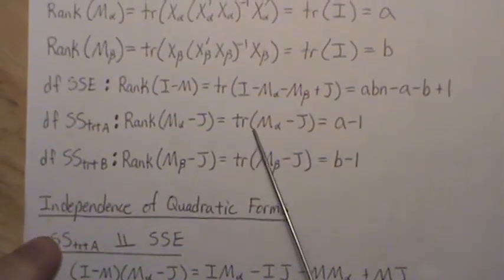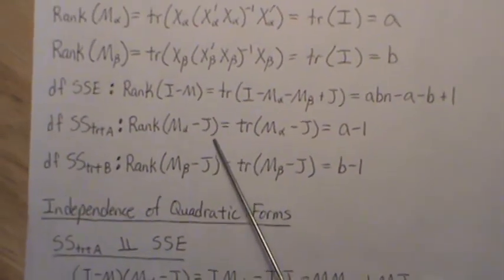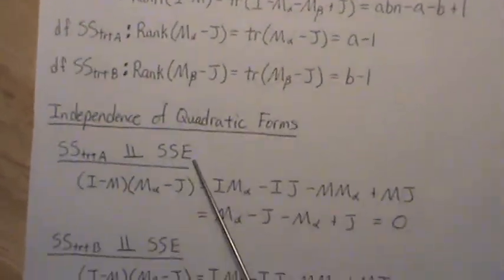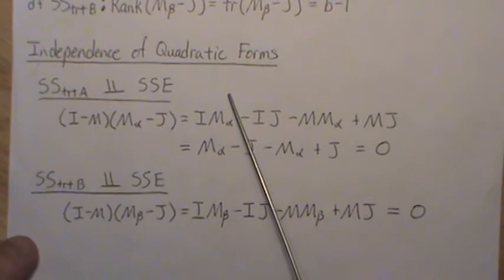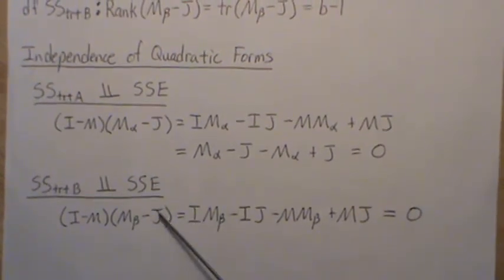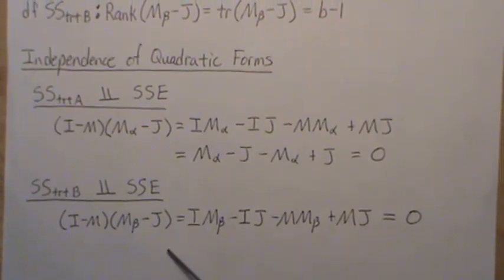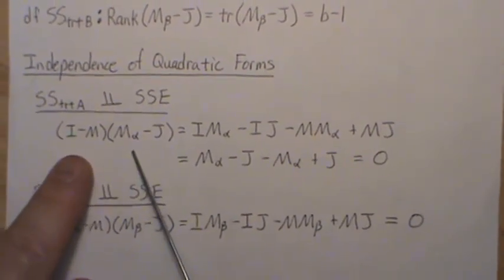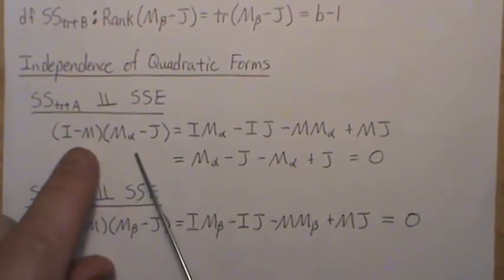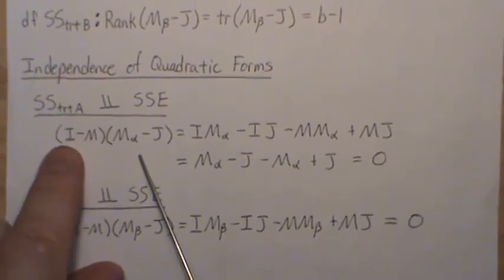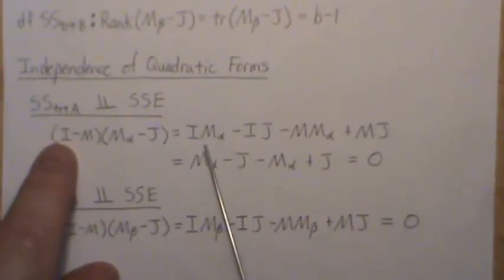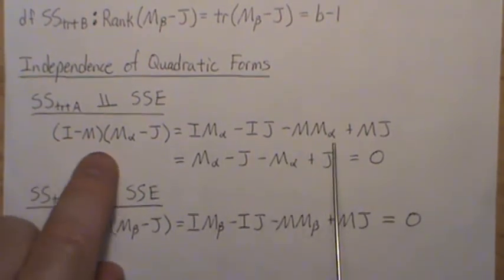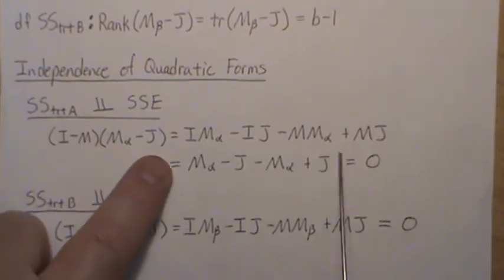Now, in the next series, we're going to look at F-tests, and these chi-square random variables have to be independent. I have a couple of different videos on testing the independence of quadratic forms, and it boils down to just multiplying the matrices in the middle of the quadratic forms. So here, let's multiply it out. This times this times that, M alpha and the M beta.